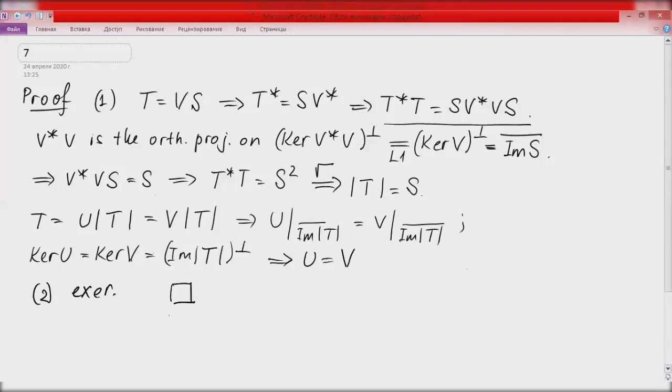So at the next lecture, we first discuss a nice application of the polar decomposition, a nice topological application of the polar decomposition. Namely, we'll show that the unitary group of a Hilbert space is a strong deformation retract of the general linear group of the space.